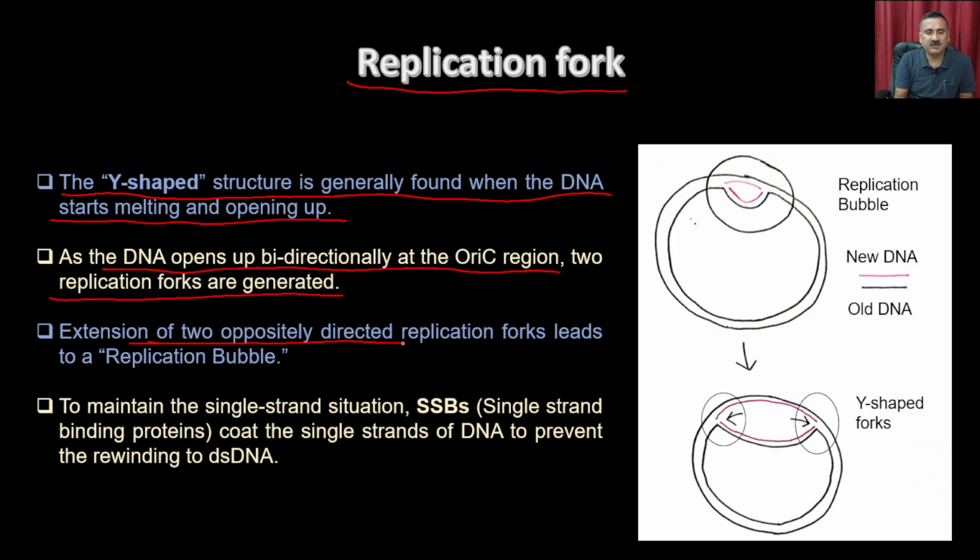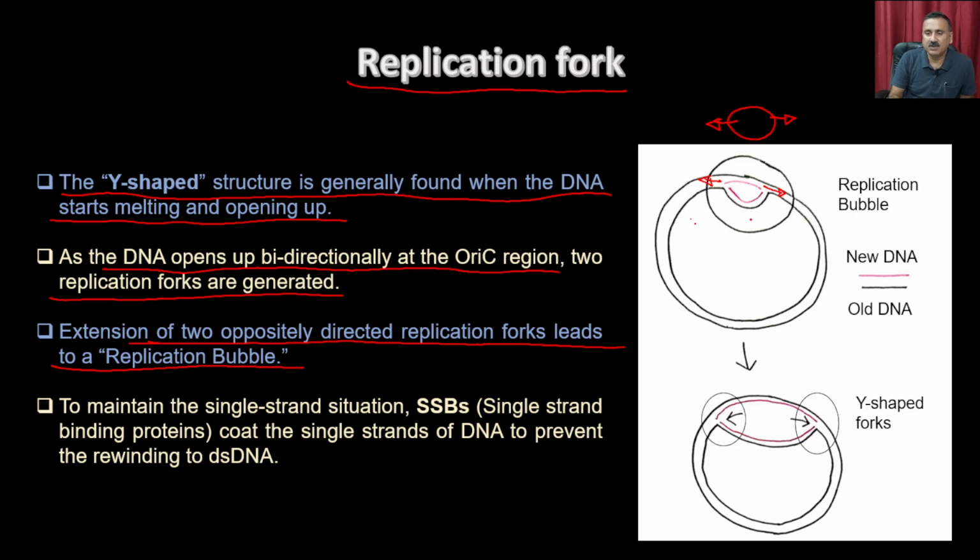Extension of the 2 oppositely directed replication forks leads to a replication bubble. Once the replication fork moves in this direction as well as in this direction, it opens the DNA in both directions, and as a result it forms a bubble-like situation. This is called the replication bubble, and it will move in both directions.